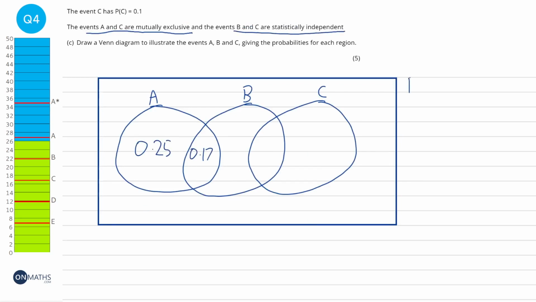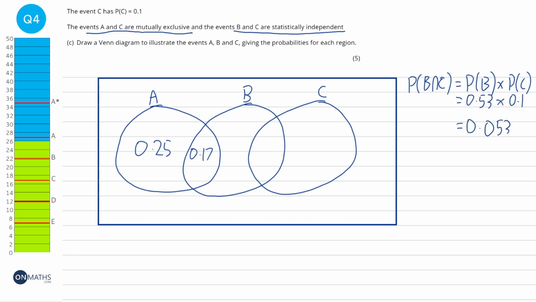So we can work out the probability of B and C by just multiplying the probability of B with the probability of C. And so we're going to do the 0.53 probability of B times the 0.1 for C, and that's going to give us 0.053.